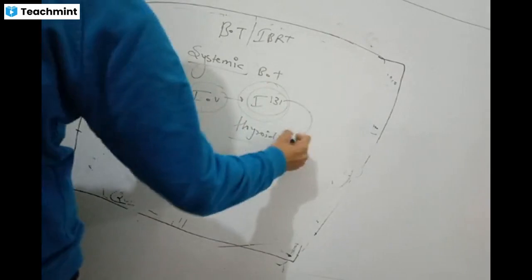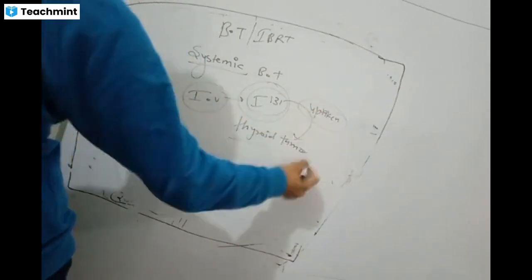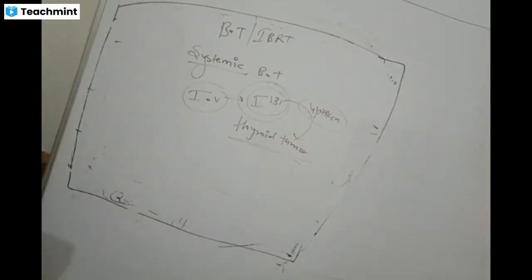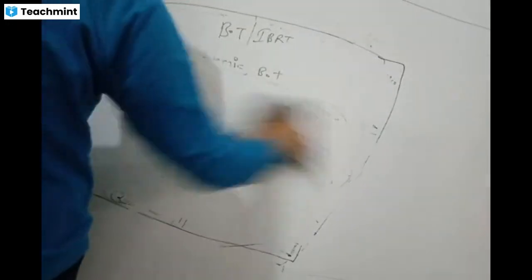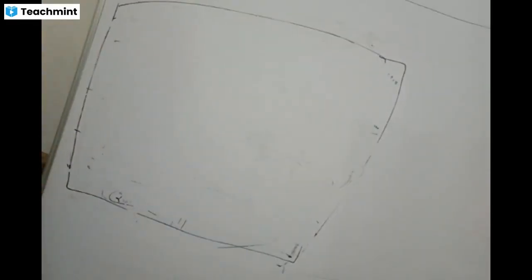This iodine 131 is taken up by the thyroid tumor, and it will kill the thyroid tumor cells. That is systemic, by oral or injectable route. So brachy means near, so it is kept near the body surface or inside the cavity.